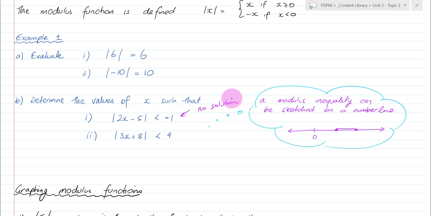Okay, part 2. Negative 1. X equals negative 1 will give us 3 times negative 1 is negative 3, plus 8 is 5. Hmm, let's try again: negative 2 works. Any other takers?